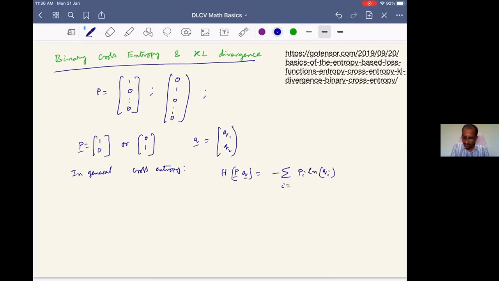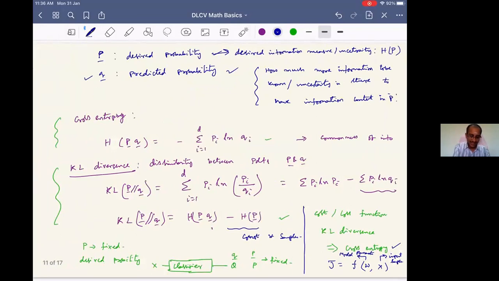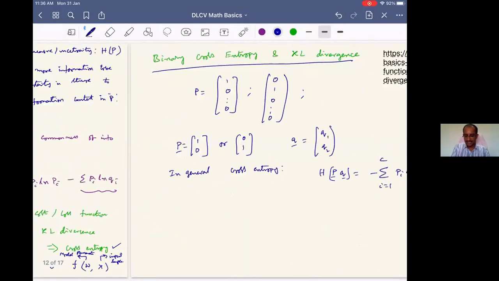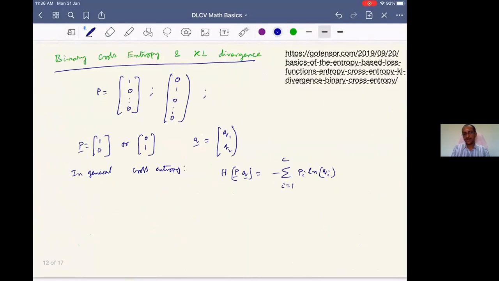This is how we define it, over 1, 2, up to C classes. If we have C classes, I have put C, D, and so on; please take it based on the context. Hope you understand what the summation is over. The summation is over predicted probabilities. If we consider C classes, then it goes over the number of classes.